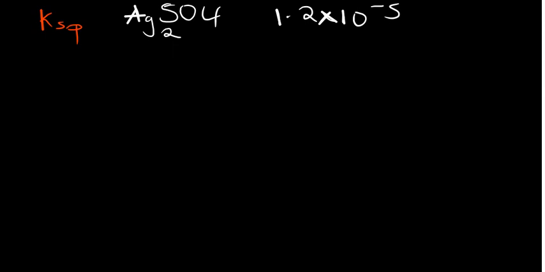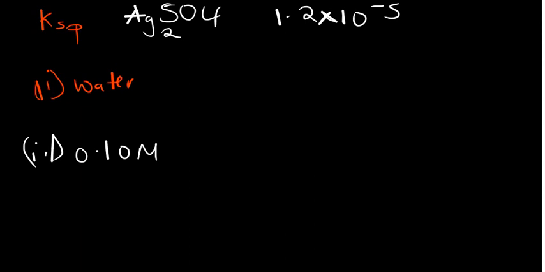We need to calculate the solubility of silver sulfate in each of the following. So the solubility, one, in a case where you have water. The other part, in a case where you have 0.10 molar concentration of silver nitrate.